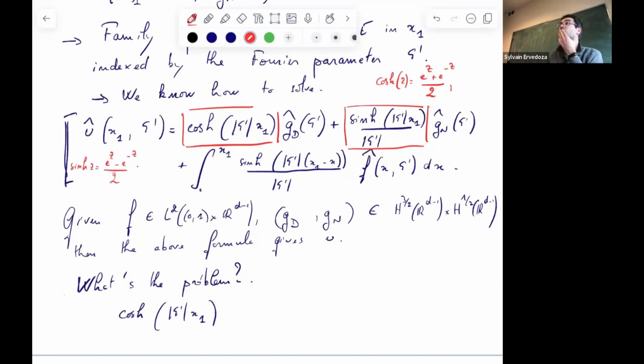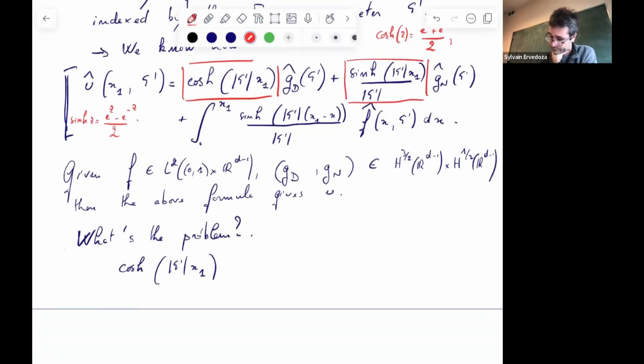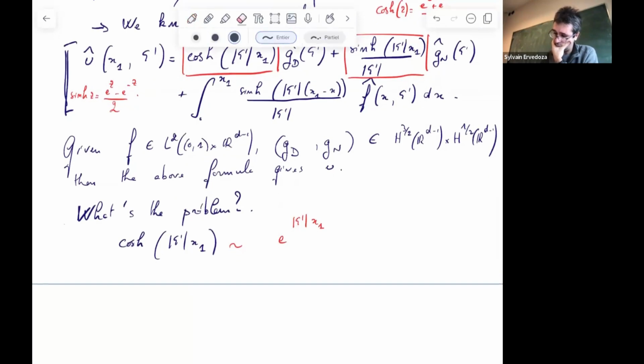Okay, so the difficulty is that in those terms you have things like exponential psi prime x1. And you see, for x1 positive, this is something which does not belong to S prime.